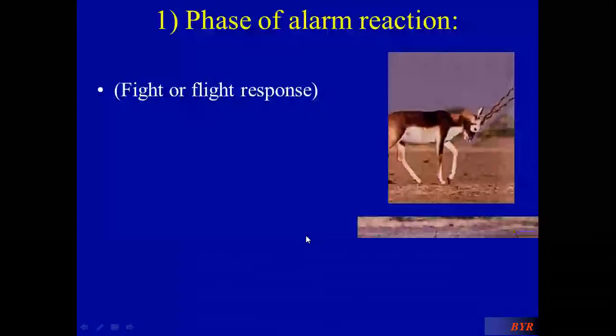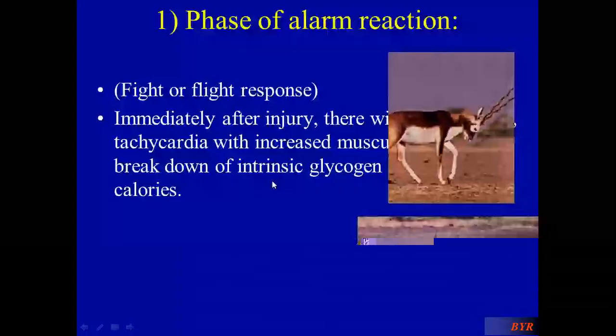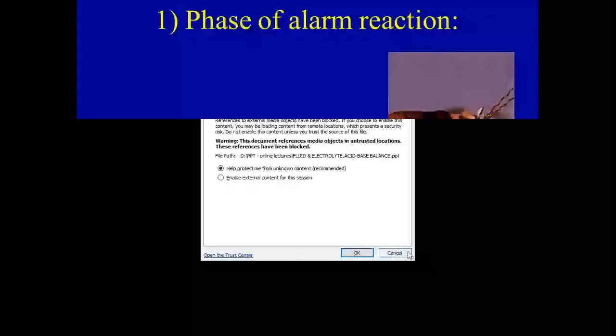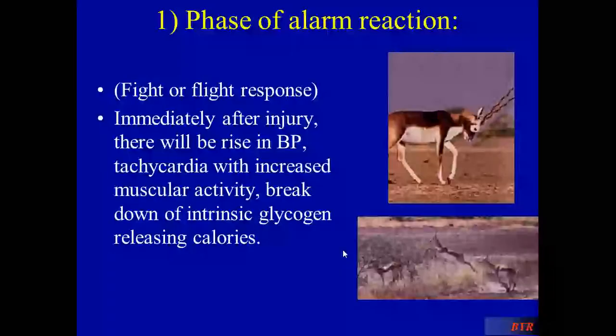Immediately after injury, there will be a rise in the BP, tachycardia with increased muscular activity, and breakdown of intrinsic glycogen to yield more glucose, releasing calories.